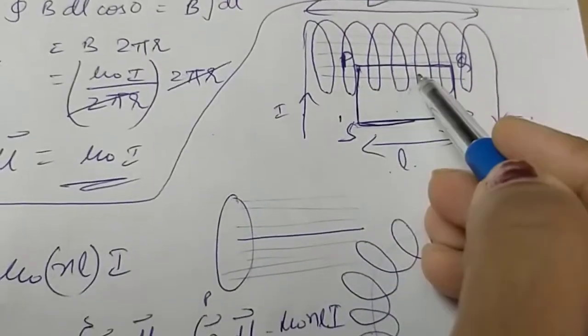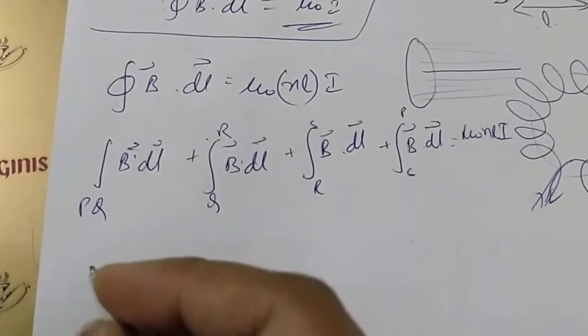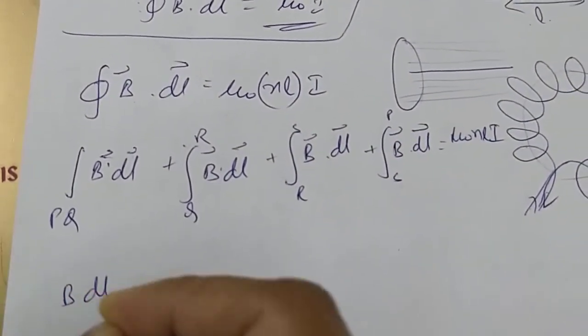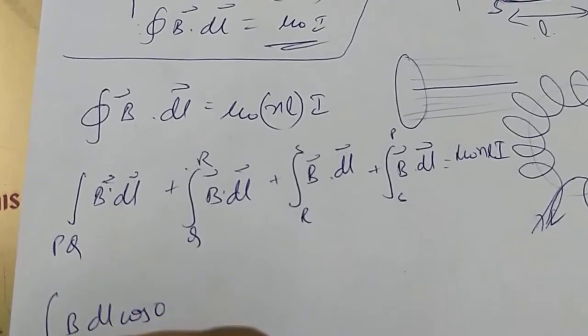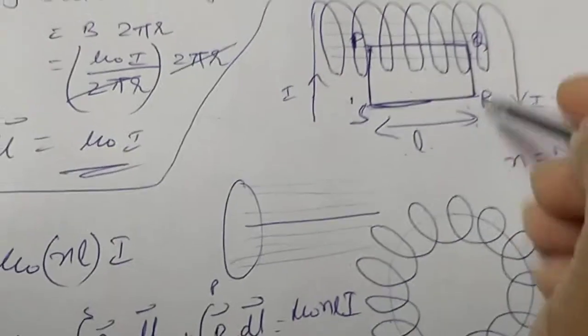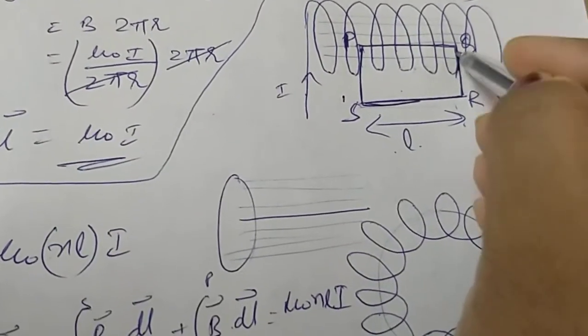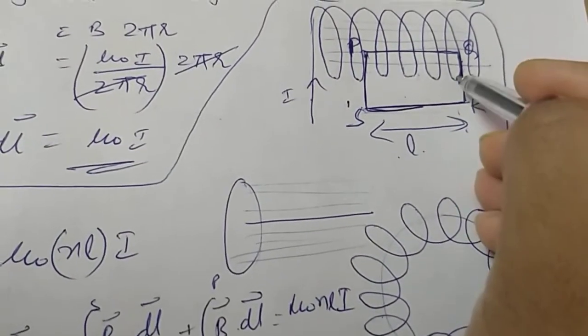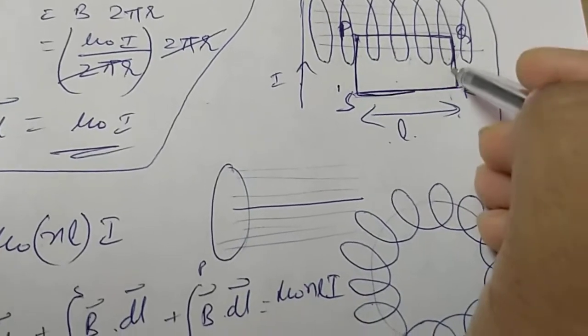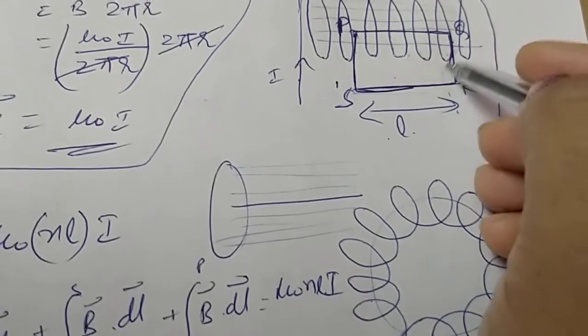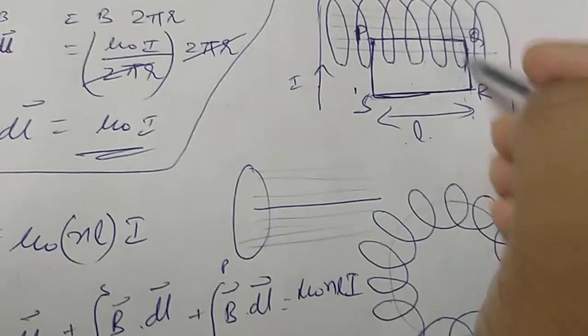Now in this region, the magnetic field is in this direction, and PQ is also in this direction, so the angle is 0 and it becomes B dl cos 0, which is 1, along PQ. For QR, dl and the magnetic field are perpendicular, so cos 90 becomes 0. In this region there is no magnetic field, so for the entire region it is 0.